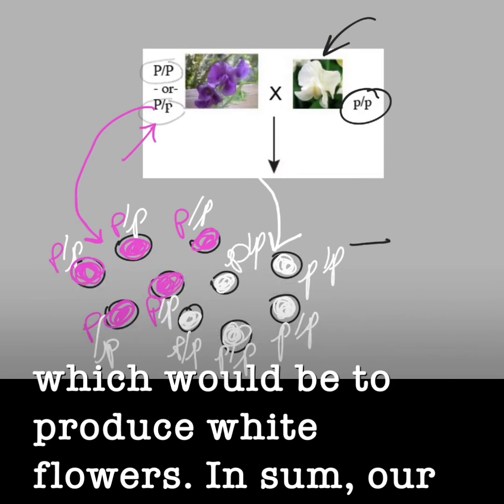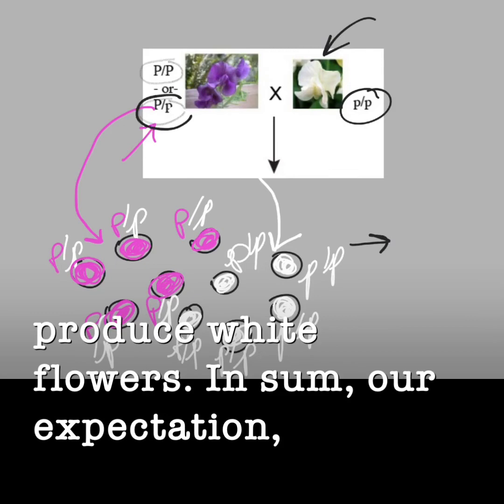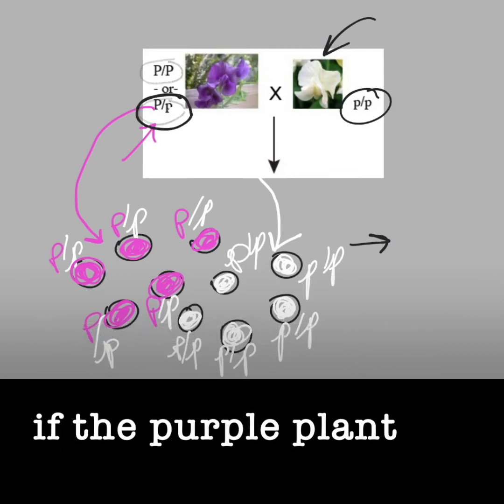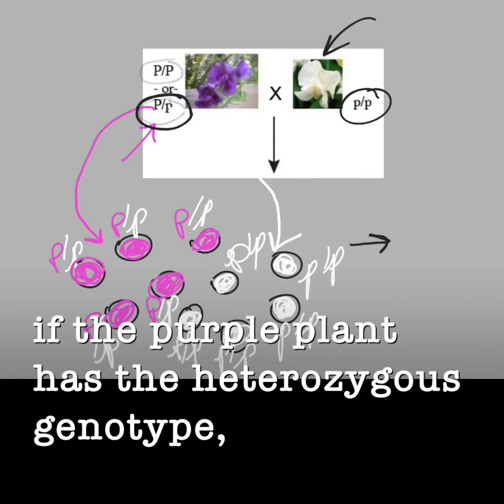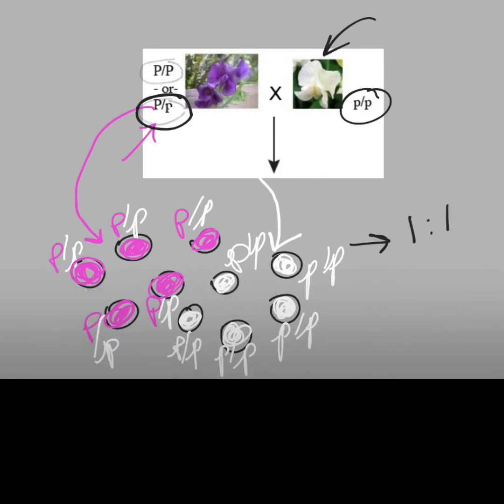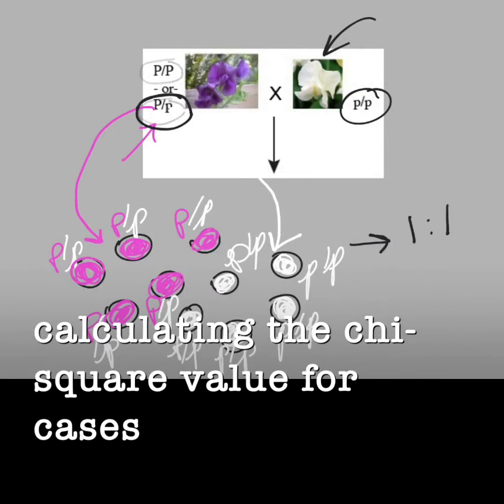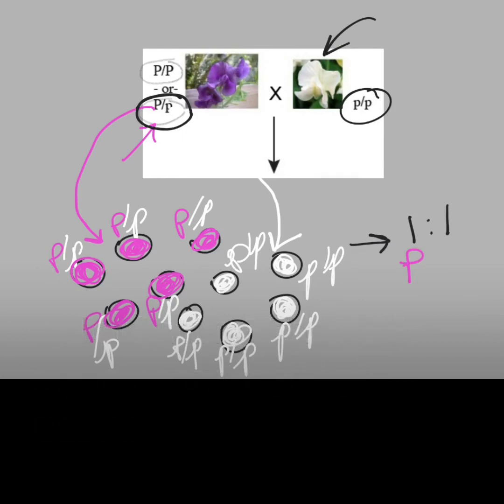In sum, our expectation, if the purple plant has the heterozygous genotype, is that we would have an even ratio, a 1-to-1 ratio, of purple flowered offspring to white. So when we look at 10 plants in this example, that's 5 purple to 5 white.